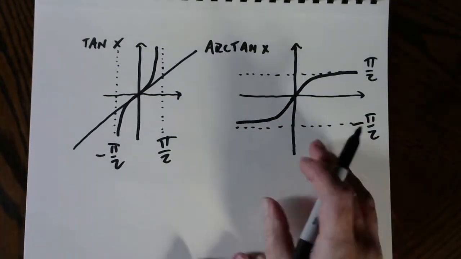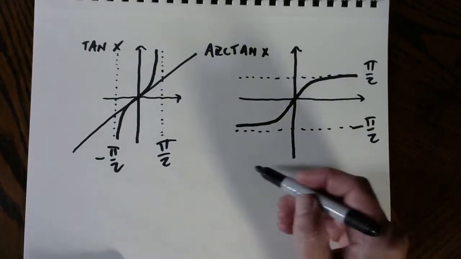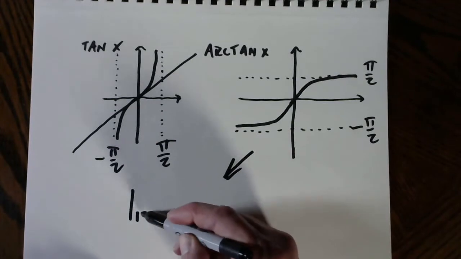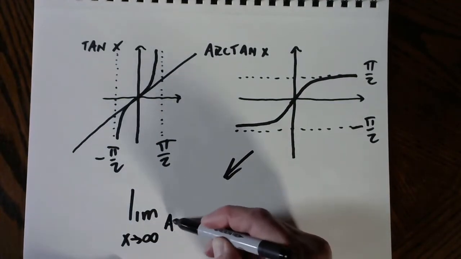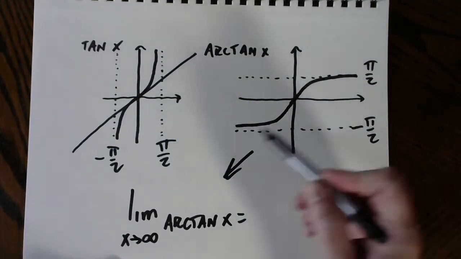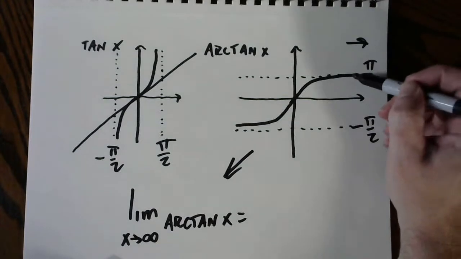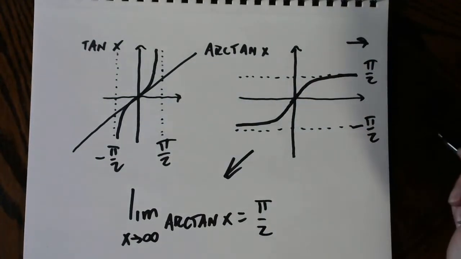This is information that comes up in multiple types of problems. And the information is this, the end behavior. Okay, so as x goes to infinity, arctan has a horizontal asymptote at pi over 2.